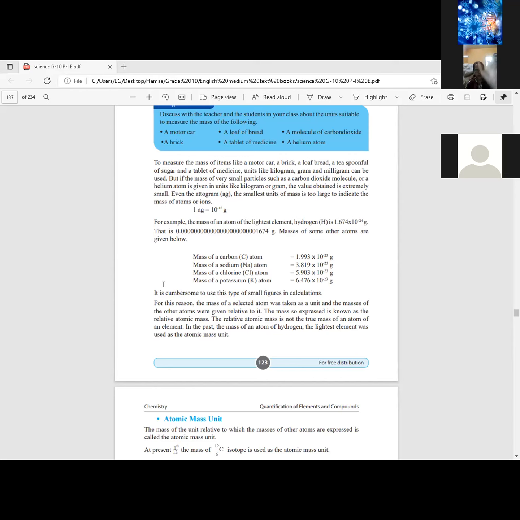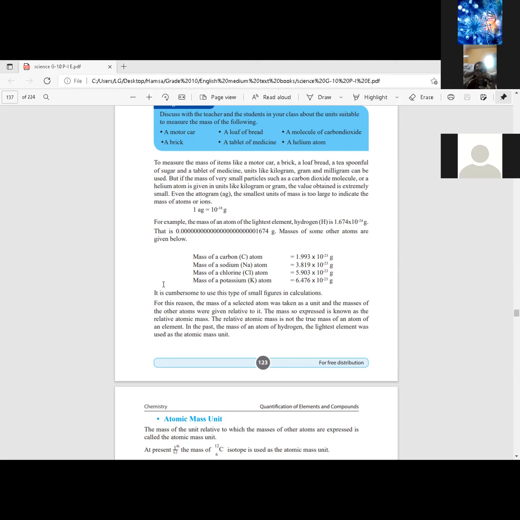Focus on the lesson carefully. Among the masses of these atoms, here they have given carbon, sodium, chlorine, and potassium. Among these atoms, we are just going to select one atom, and represent the masses of other atoms relative to this particular atom.